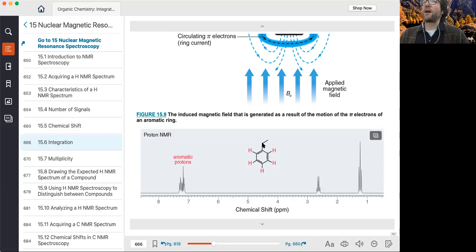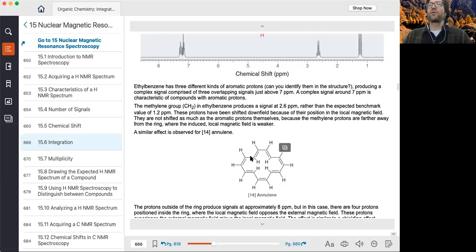The protons on the alpha carbon are also affected, because instead of being around 1.4 like we expect, these are now around 2.6, which is a very large shift, and should indicate to you how the ring current can de-shield both alpha carbon protons and ring carbon protons.